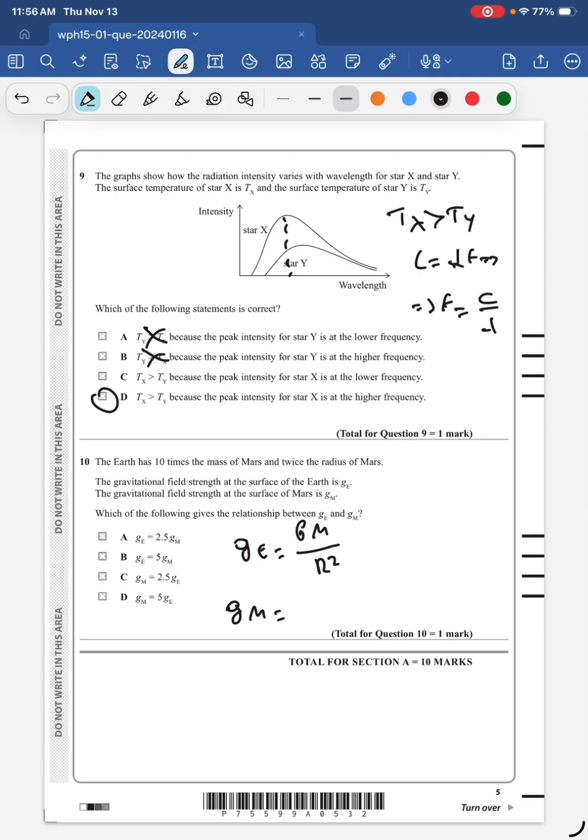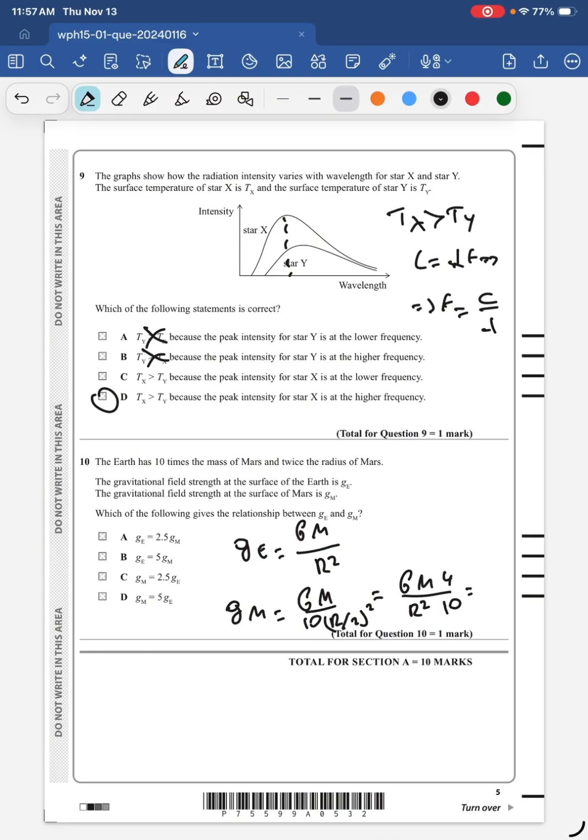Gm for Mars is G, and then they say 10 times the mass of Mars, so the mass of the Earth over 10 for the mass of Mars, and then Mars has half the radius pretty much, which means that we have R over 2 squared, which gives us Gm equals 4 over 10 and then R squared, okay?